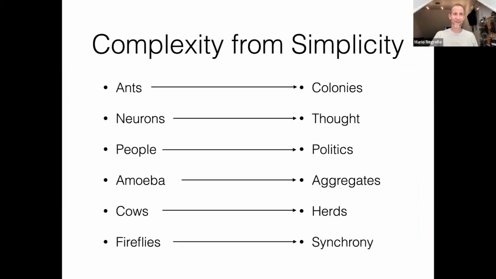Here's a sampler of examples of transforming complexity from simplicity. So in ants, you have colonies with complex behavior. Things emerge, like neurons are simpler than thoughts, one would like to think, in which your neurons can spike or not. And thought is this multidimensional, multifaceted, full of pictures and patterns. One person doesn't need a democracy.